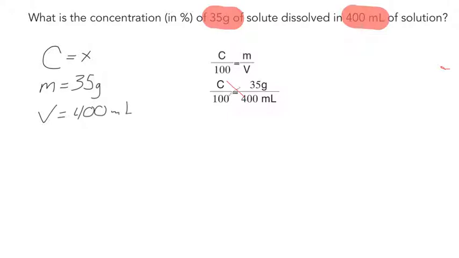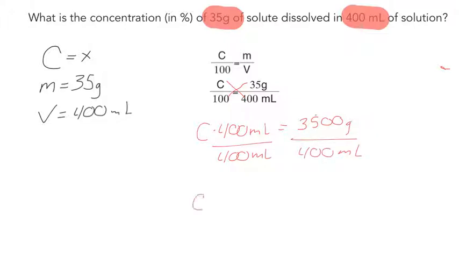So we have C times 400 milliliters equals 3,500 grams. Divide by 400 milliliters, and we get our concentration equal to 8.75%, because at this moment our units cancel out. So that's basically how to do it in percentage.